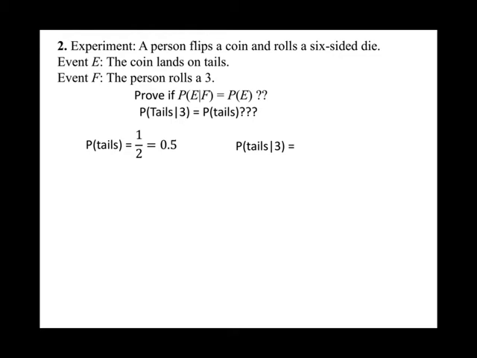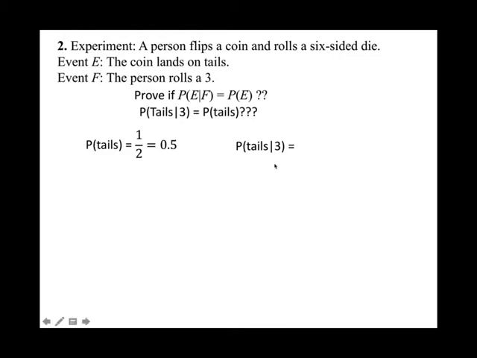Think about it. I'm going to roll the die once and flip the coin once. Will the outcome of getting the 3 affect the outcome of the coin flip? No, right? These are 2 different things. When I flip the coin and when I roll the die, they are not related to each other.